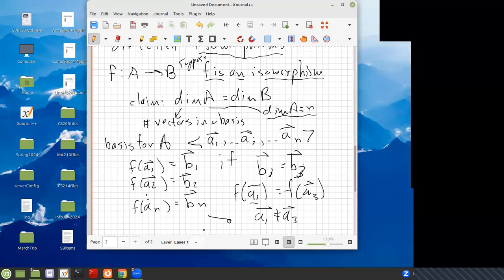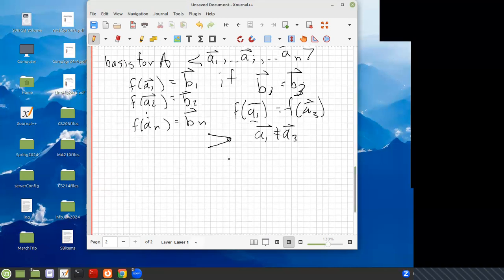That would be two different domain vectors going to one codomain vector, and that is ruled out by the fact that F is an isomorphism. So not possible, because F is one-to-one. So that means we have n vectors here, one for each of them.